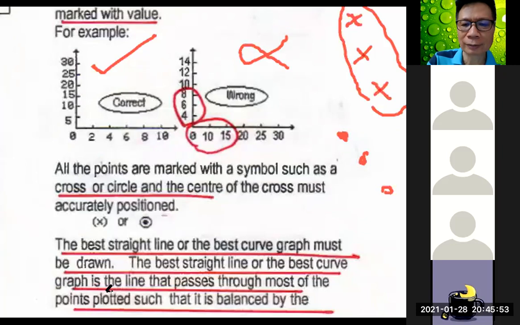The next: the best straight line or the best curve must be drawn. The best straight line or the best curve is the line that passes through most of the points plotted, such that it is balanced by points above and below.